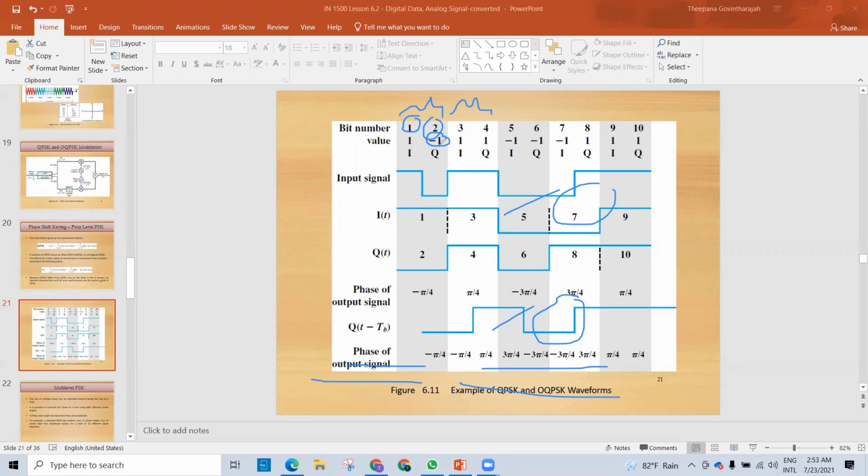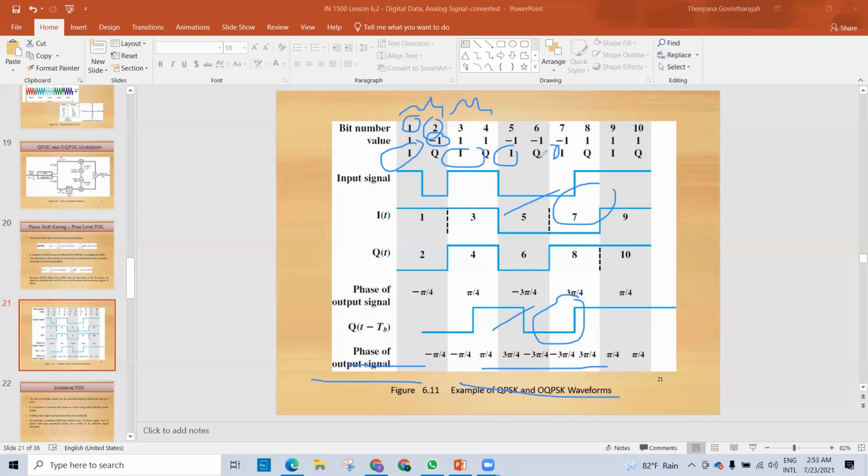As I have already mentioned, odd bits will be transferred to the I channel and even bits to the Q channel. You know that 1, 3, 5, 7, 9 are odd numbers, so they will transfer to the I channel.